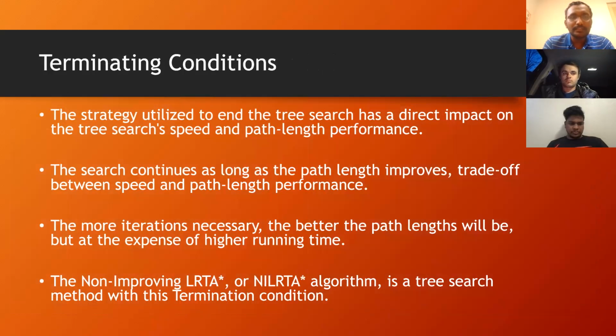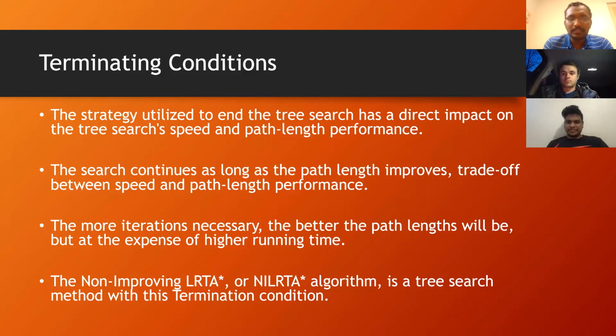The terminating condition for this case is that the strategy used to end the tree search has a direct impact on the tree search speed and the path length performance. As long as the search continues, the path length improves, and it depends on the speed and the path length.